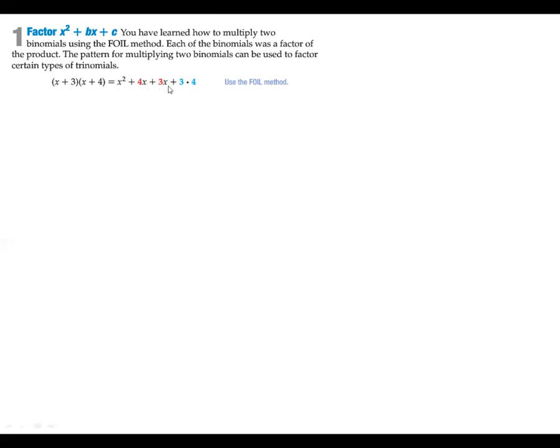Okay, so you get 4 terms, but notice the two middle ones add together. The 4 and 3 show up here, and you're going to be able to add those because they're like terms. And the 3 and 4 show up here as a product. So you add these together, and you get x squared plus 7x plus 12. Notice the 7 came from adding the 4x and 3x, and the 12 came from multiplying the 3 and 4.